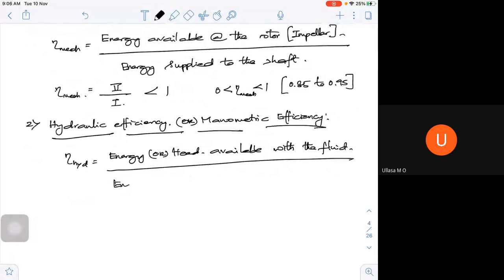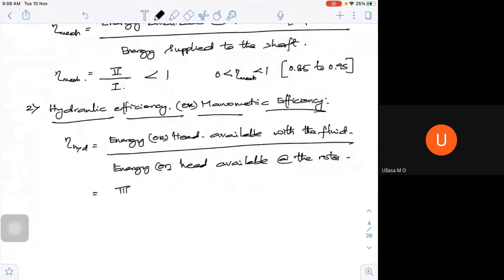A few books call this head also: head available at the fluid to the energy or head available at the rotor. If I write it in terms of what I have defined, it is 3 divided by 2. This is your hydraulic efficiency.